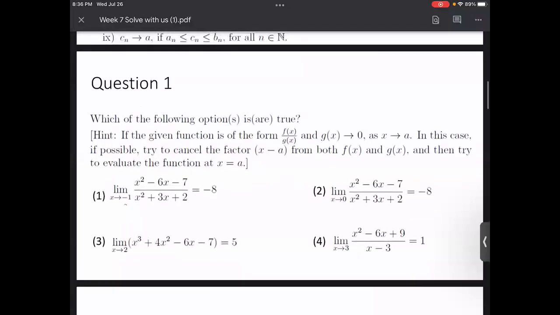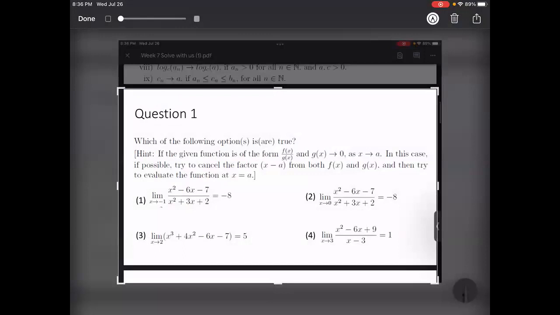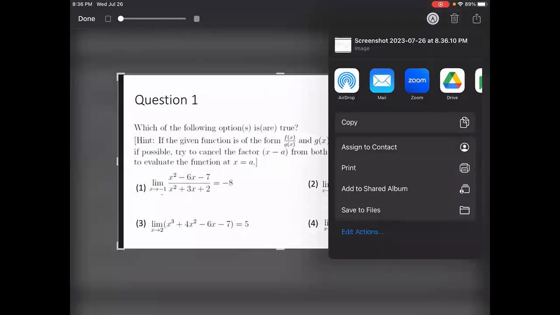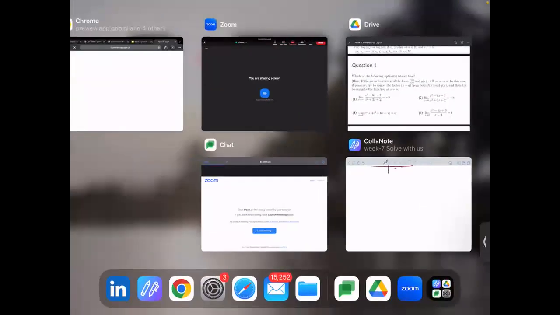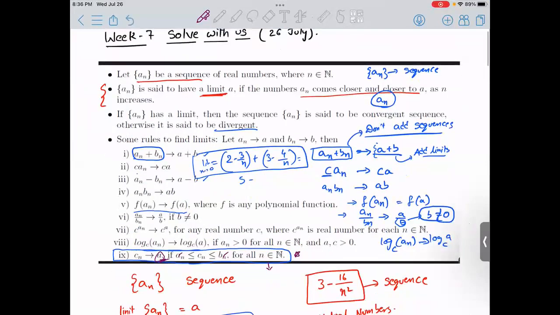Sir, in point 6, Bn not equal to 0 is not mentioned. It is possible that Bn is equal to 0. Your voice is breaking. Sir, in point 6, only B not equal to 0 is given. Bn not equal to 0 is not given.